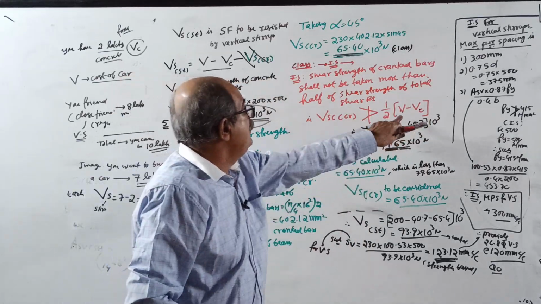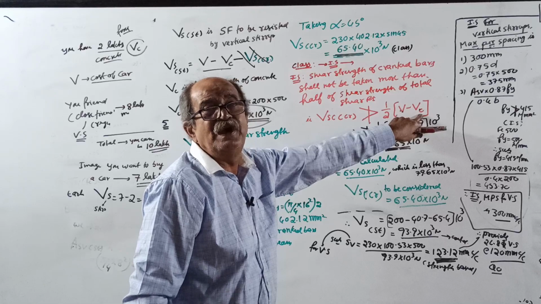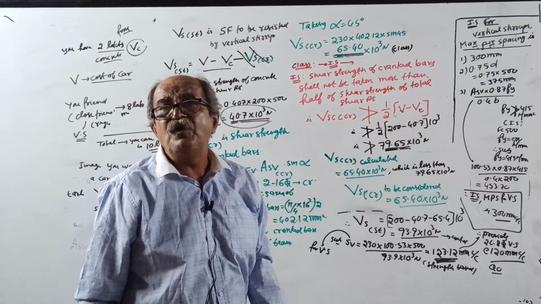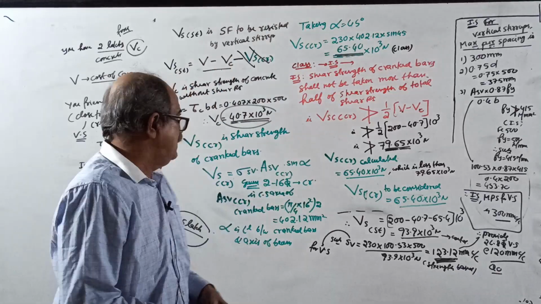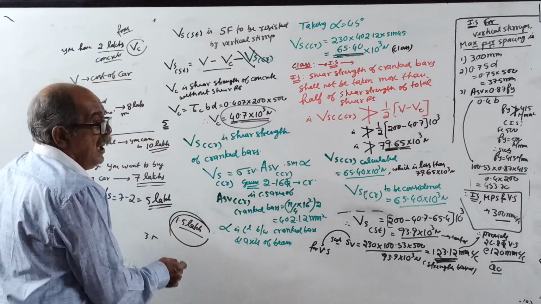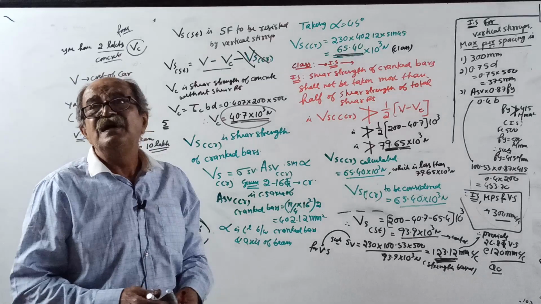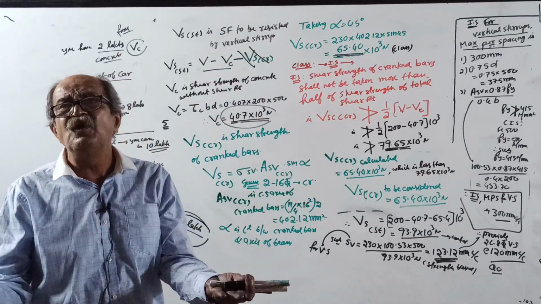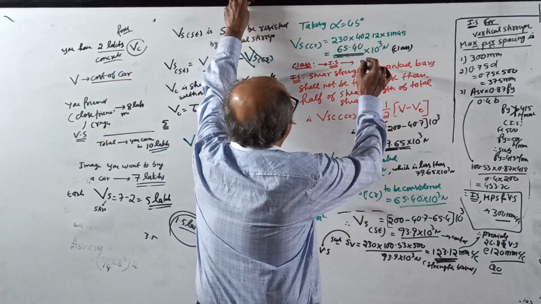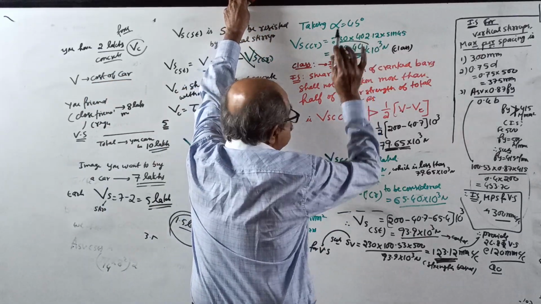If you require a loan of 7 lakh minus 2 lakh, that is 5 lakhs, divided by 2, you should not take more than 2.5 lakhs from him. But if he tells you he has 1.5 lakhs, how can he give 2.5 lakhs? If the new person has only 1.5 lakhs, take it, no problem. See, the cranked bar strength is 65.4.